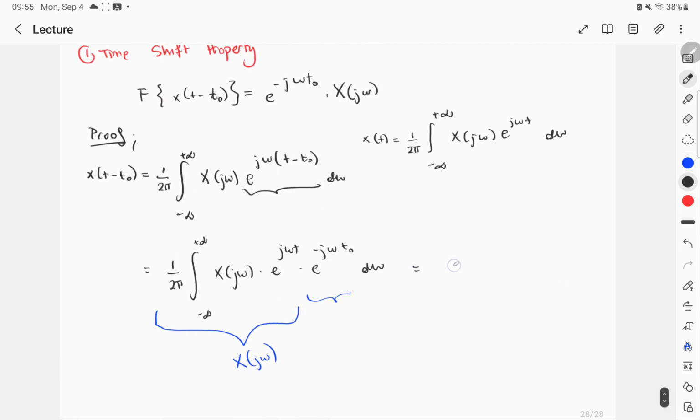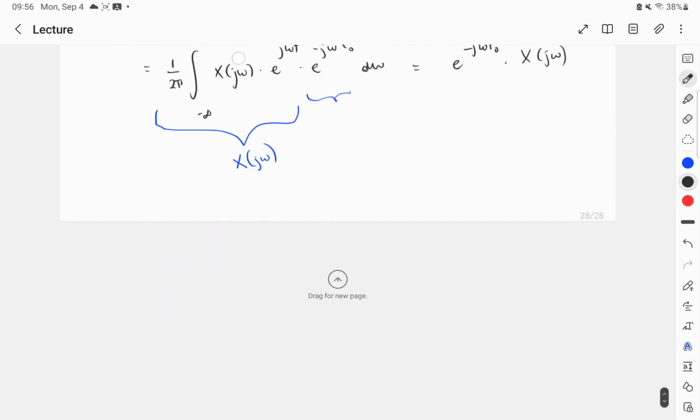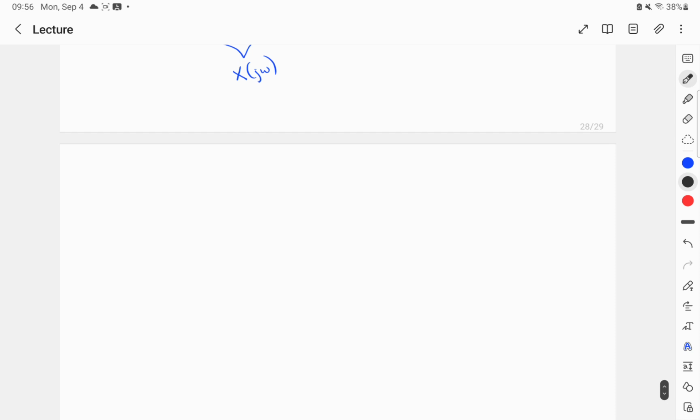Eventually, we will have... and now let's move on to the next property, which is conjugation and conjugate symmetry.